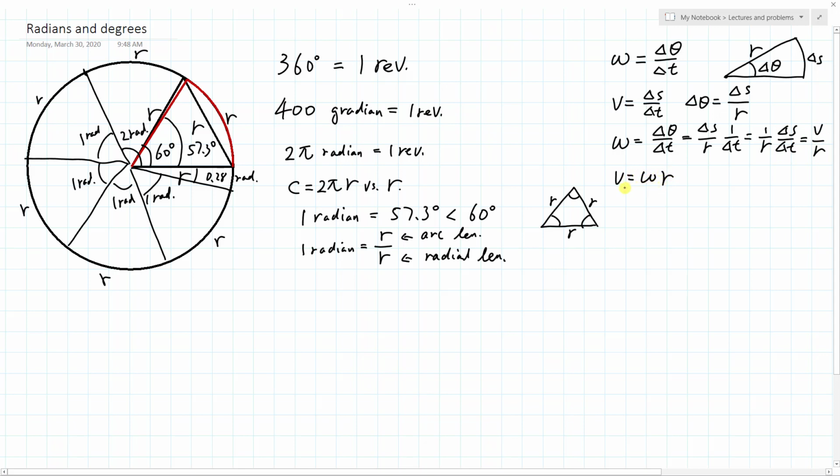That is something you're probably familiar with. In uniform circular motion, or in trying to relate a linear velocity with an angular velocity, v equals omega r. This makes it convenient, especially in mechanics.